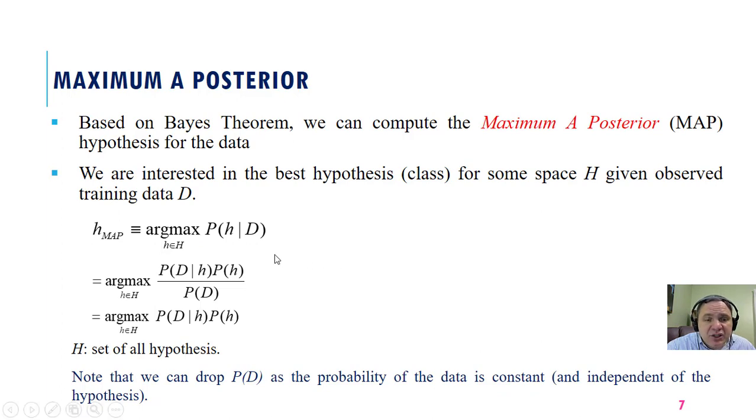So argmax is just basically selecting the hypothesis whose probability is the largest. Okay, so that's what we mean by argmax.